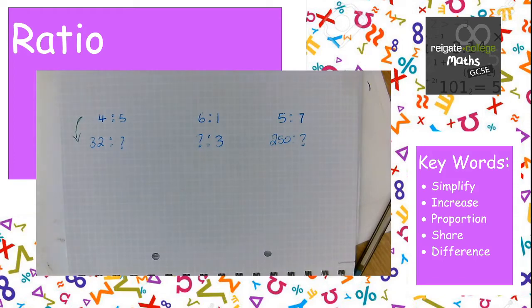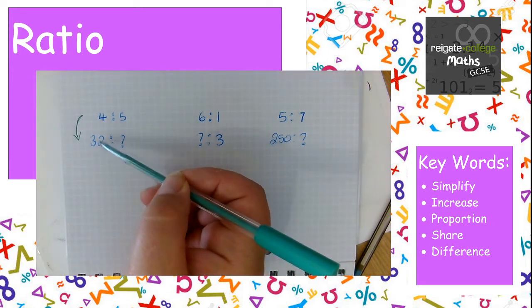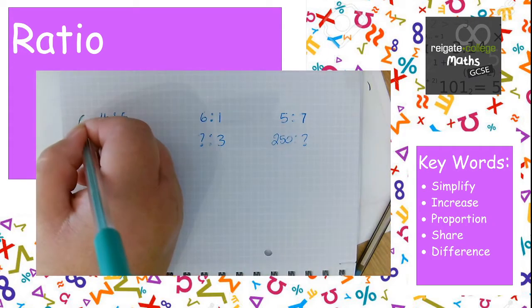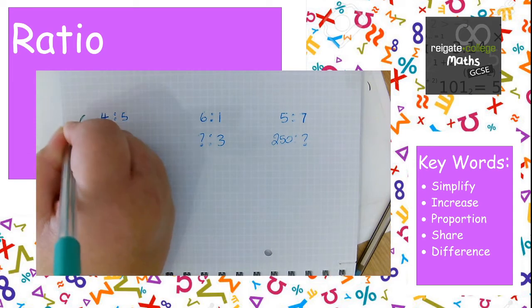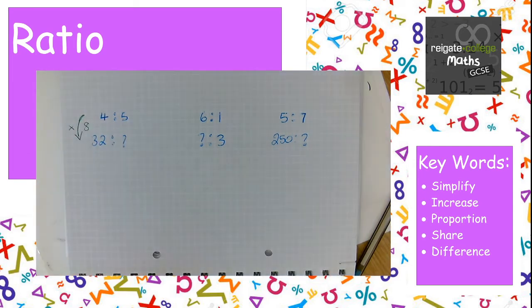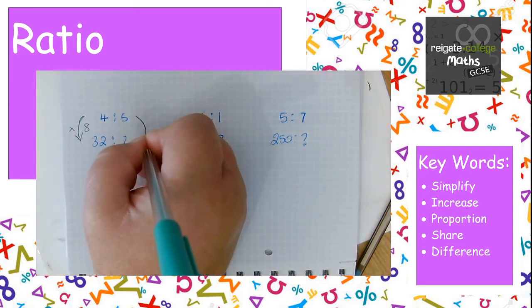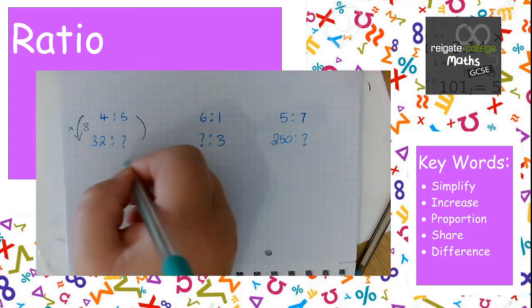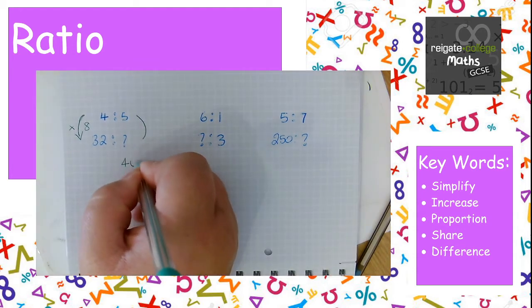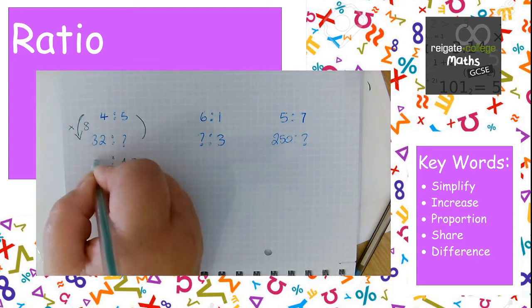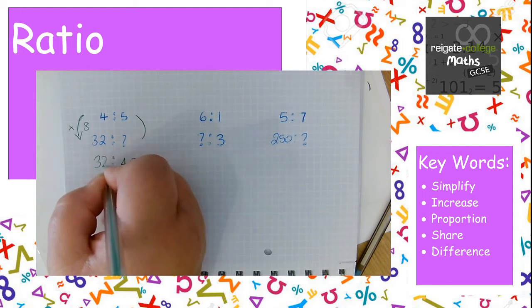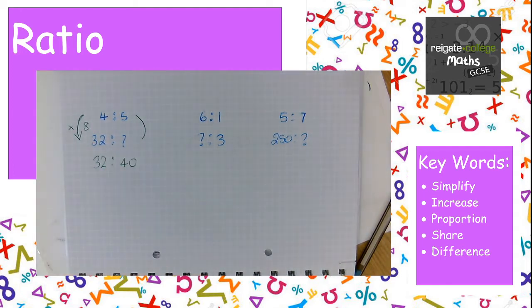I'm going to use the multiplier method for these 3 examples. 32 divided by 4 is 8. My multiplier, therefore, is 8. Multiplying 5 by 8, I get 40. My increased ratio is 32 to 40.